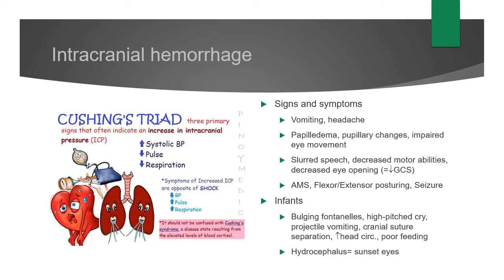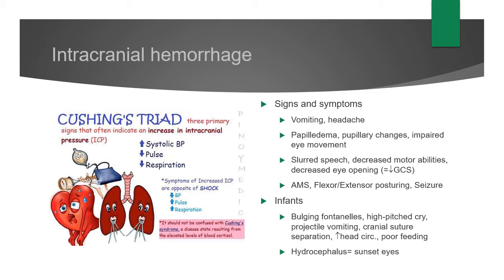Pupillary changes, so initially they may be kind of sluggish, and then you might see unequal pupils, or one may become fixed or dilated. Altered mental status, so with that decrease in Glasgow Coma Scale, as well as posturing. So initially we have flexor posturing and then extensor posturing, and then seizures and coma also are possible.